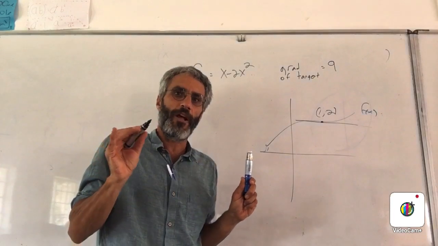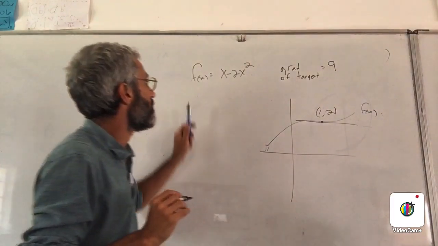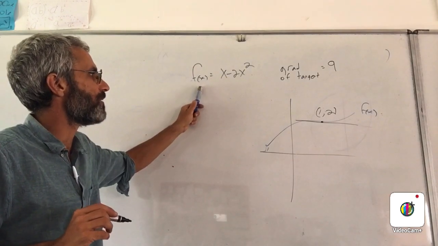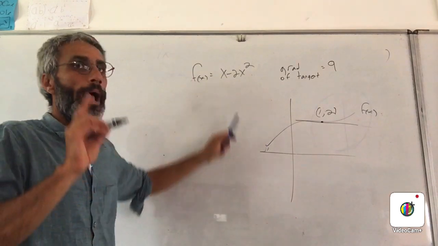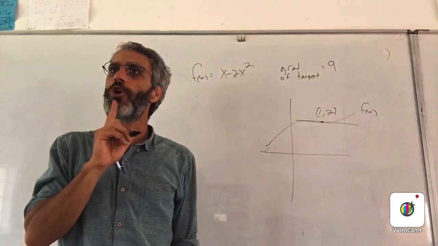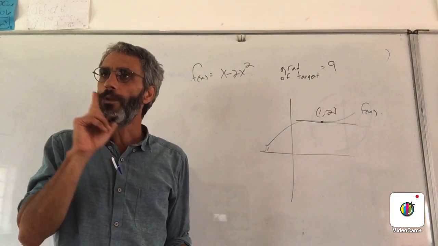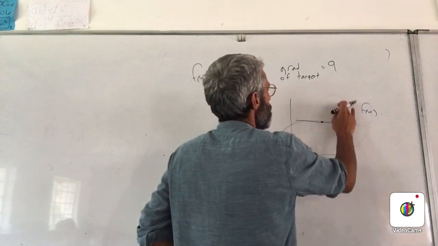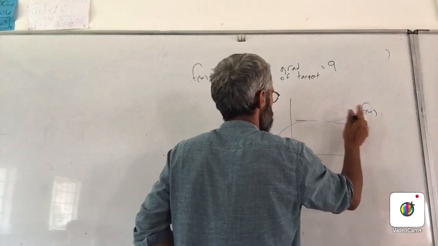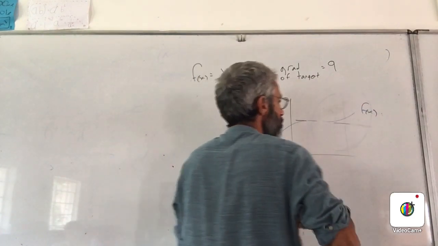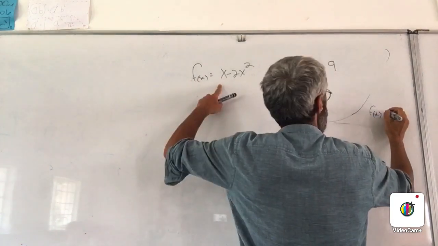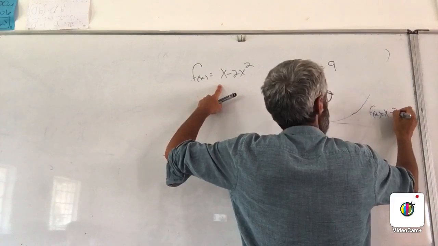Now we have a version of this question. So I'm giving you a function that has a certain curve, but I'm not giving you the point of contact. Instead, I say that there is a tangent. I'll write down again: f of x equals x minus 2x squared.